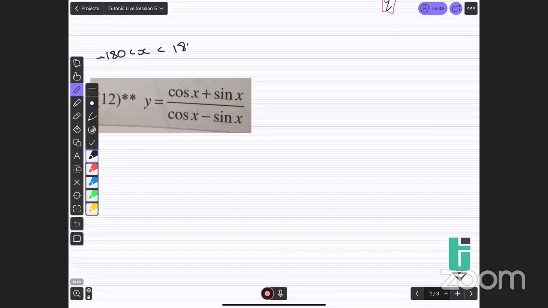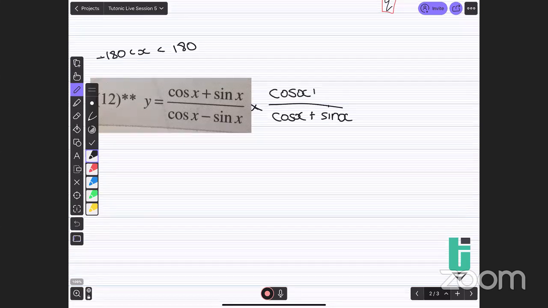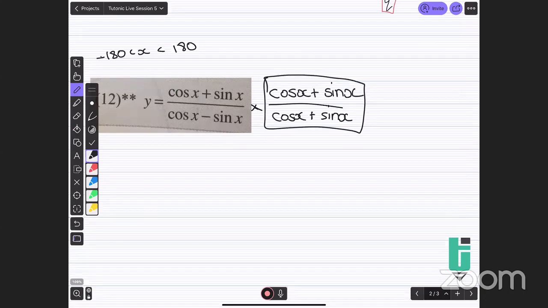I think we can simplify this. What I'm thinking is if we multiply by the conjugate, do you guys remember I mentioned the conjugate? Yes. This is just 1. But if I multiply, then it will make the denominator nice.